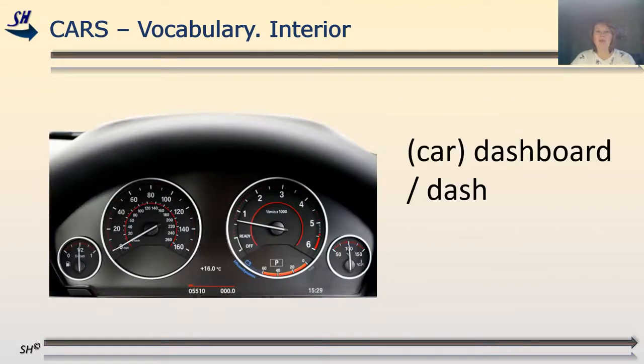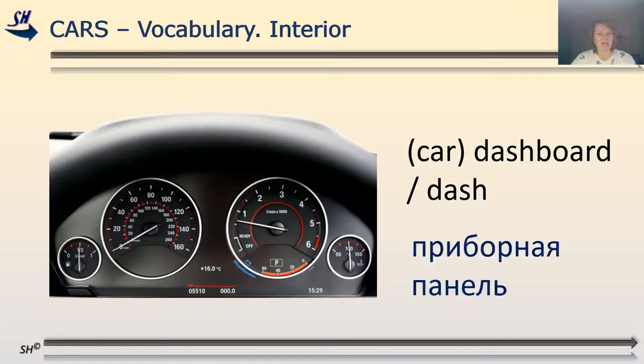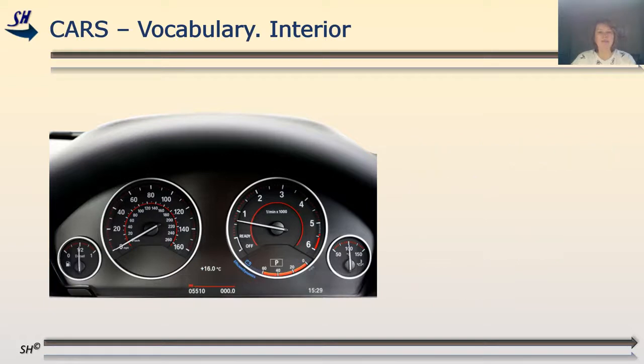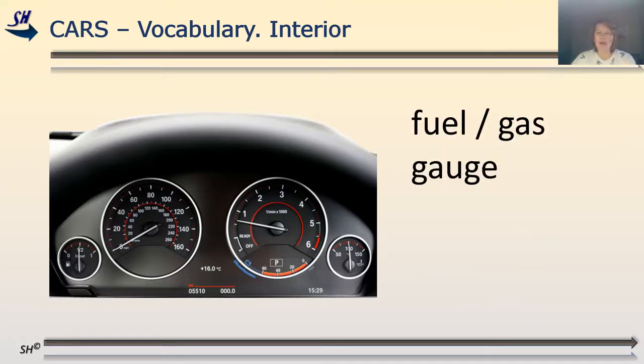Now, if we look behind the wheel, what do we see? We see an information panel. This panel is called a car dashboard, or just dashboard, or dash. This dash has different useful indicators, such as fuel gauge.